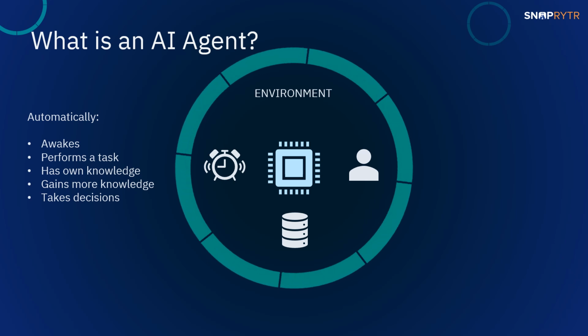You will just give it a goal and it will perform a task automatically. It has its own knowledge base and it can gain more knowledge, more information if required, so that it can take informed decisions when to bring a box, when not to bring a box. It will make its own logics. It will have its own decision power. You do not need to tell everything.